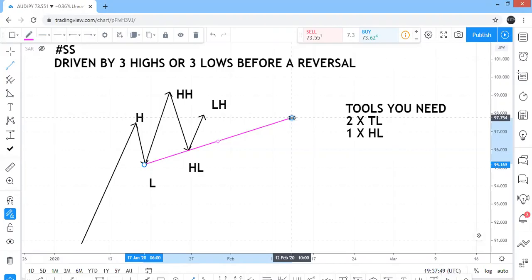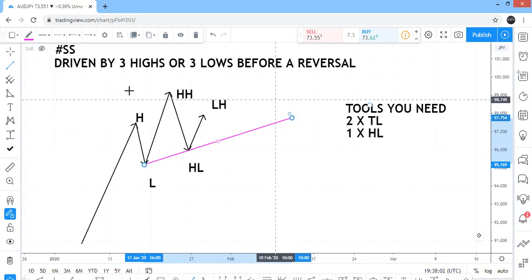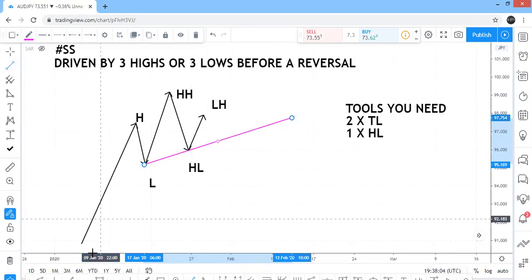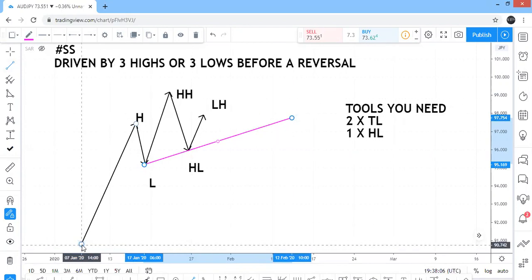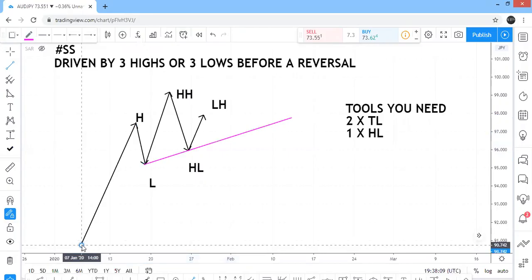So now you've used your first trend line. Now, the other thing that you need to be able to know is where is it going to go? When you're able to know where it's going, then getting the entry is nothing, okay? So what you will do is you will get your trend line and you'll mark the bottom of the previous move that led you to the first high.